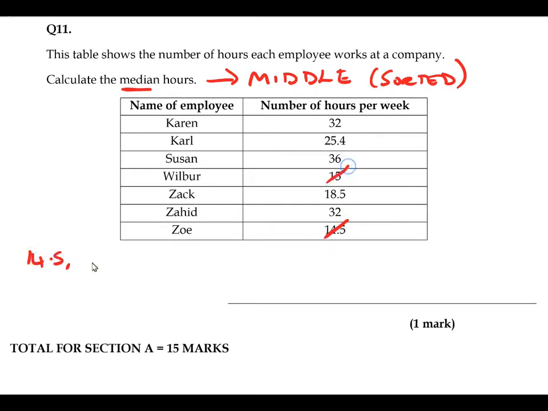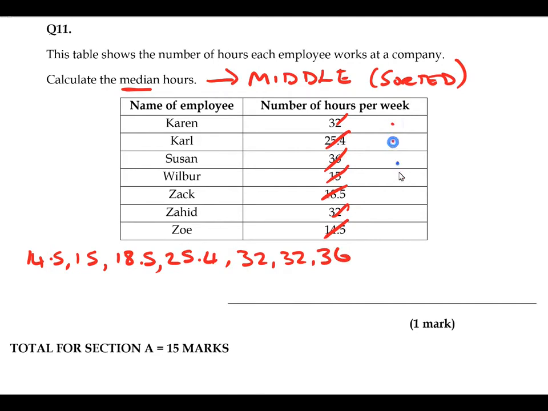Our next lowest number is 15 and then 18.5. The next lowest after this is 25.4. Our next after this is 32 and then 32 again. And then finally we have 36.